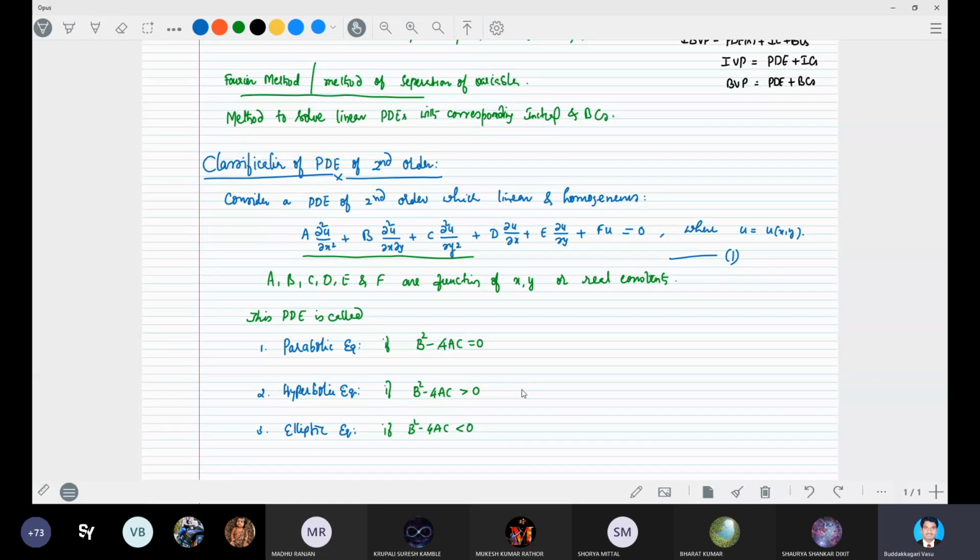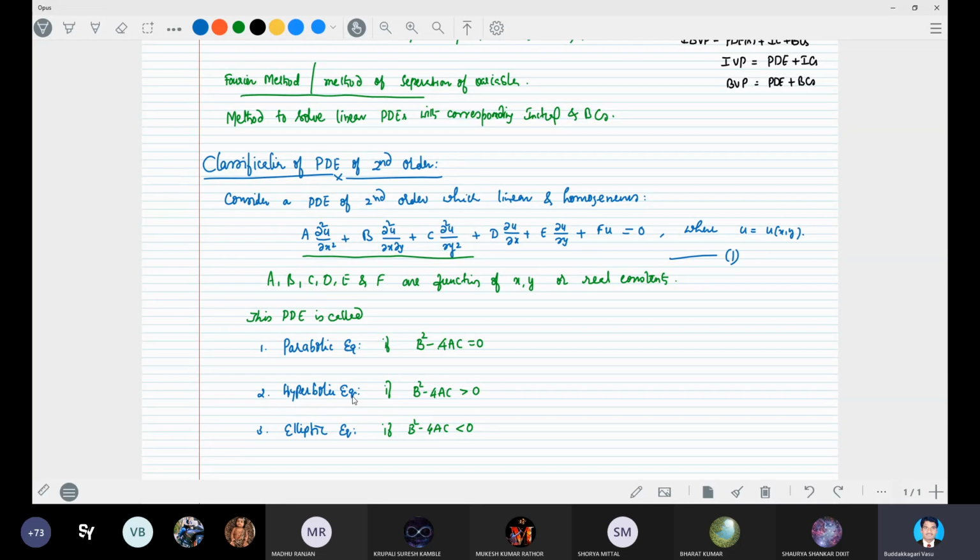This classification will govern the type of the equation or type of the problem, so we can easily identify whether it is well posed and has a unique solution or not.